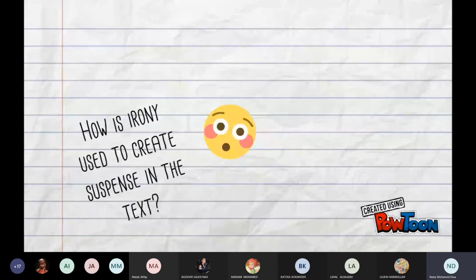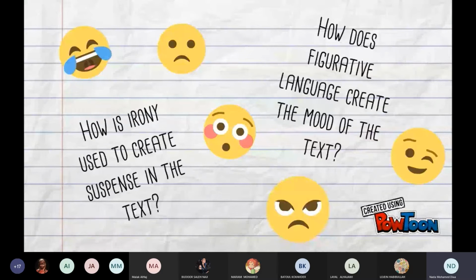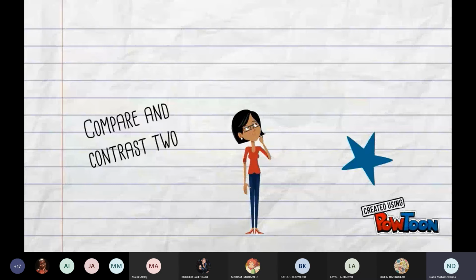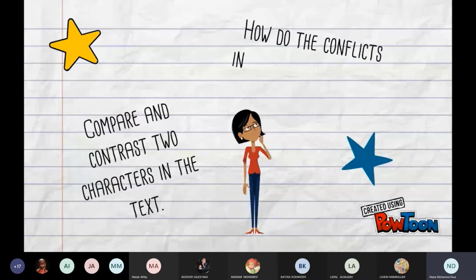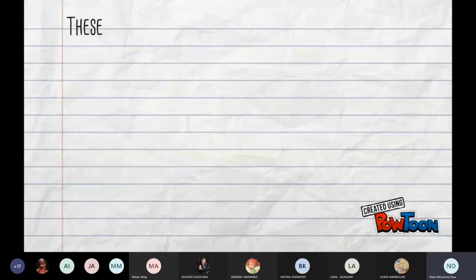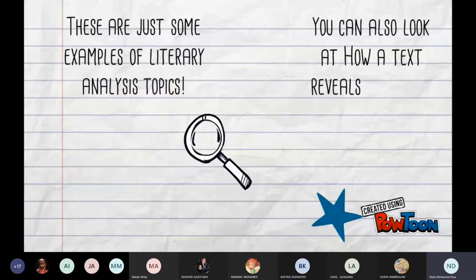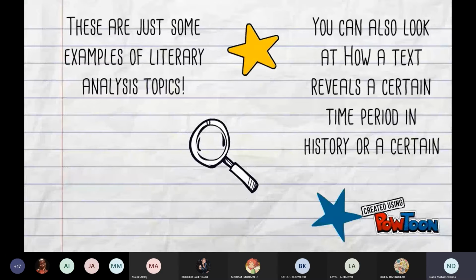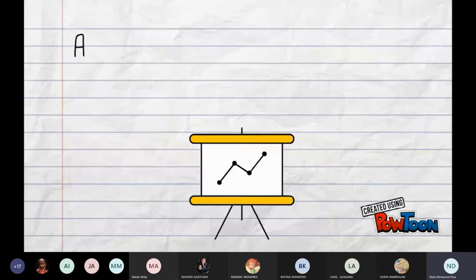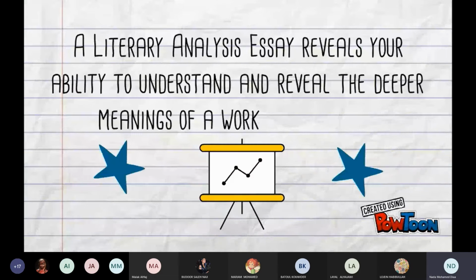For a literary analysis essay, you might also compare and contrast 2 characters in the text, or examine how the conflicts in the text reveal the theme. Those are just some examples of literary analysis topics and ideas. You can also look at how a text reveals a certain time period in history or a certain culture's beliefs. A literary analysis essay reveals your ability to understand and reveal the deeper meanings of a work of literature.